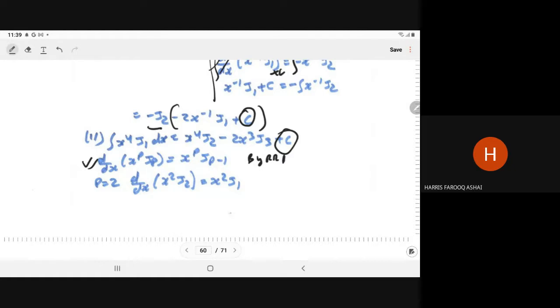In this case, if you put p is equal to 2, it will give you d/dx of x square j2 is equal to x square j1. Now here we have x to power 4 j1, so that can be written as x square into x square j1.